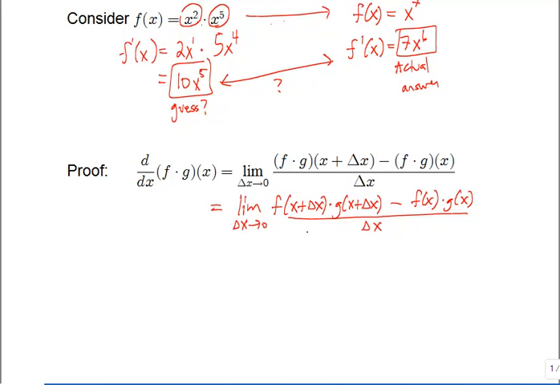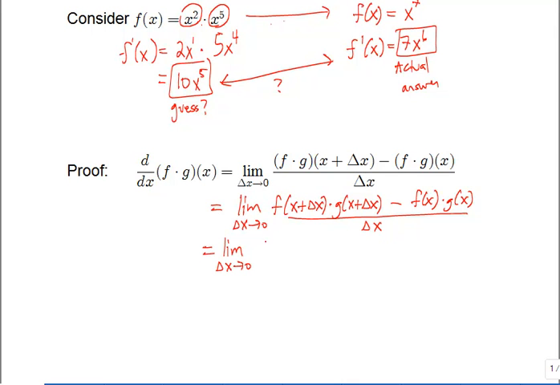Now, in order to make this limit doable and usable, we're going to have to do something kind of unexpected, and this is probably not something you would just think of doing on your own without someone telling you what to do. So here's the trick that we're going to use.